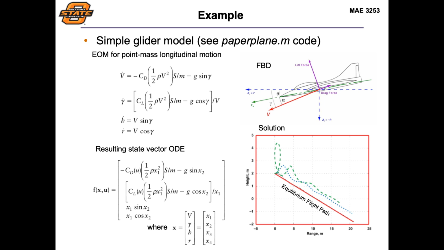So you'll be doing this on your initial homework. So in this case, using these equations, you can look at a resulting state vector, which is going to be a set of ordinary differential equations that you can then solve relatively easily.